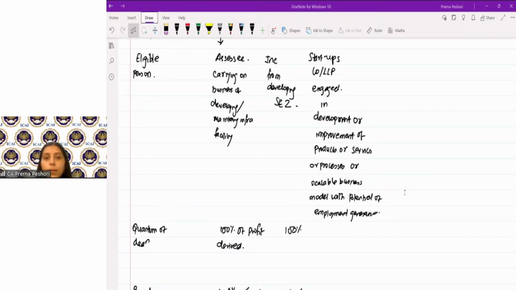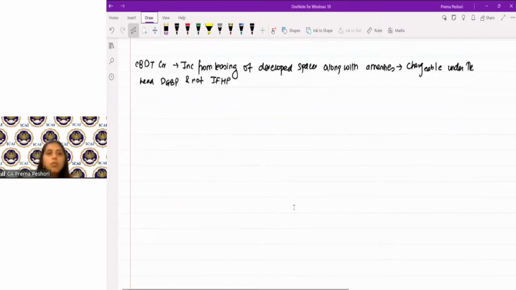So this should not be formed by a discontinued business earlier, or by a particular business which has been just reconstructed and formed, right? And it should not be formed by transfer to a new business of machinery or plant which is previously used. Okay, so you can write down the conditions over here.